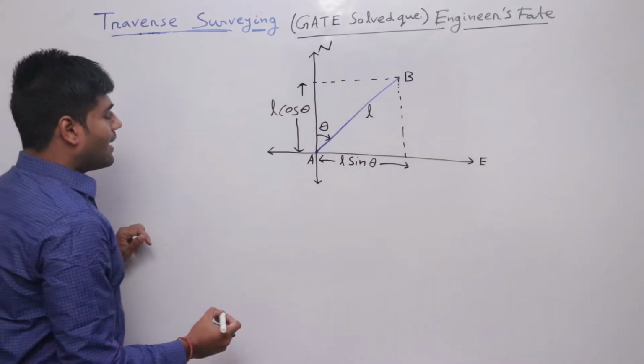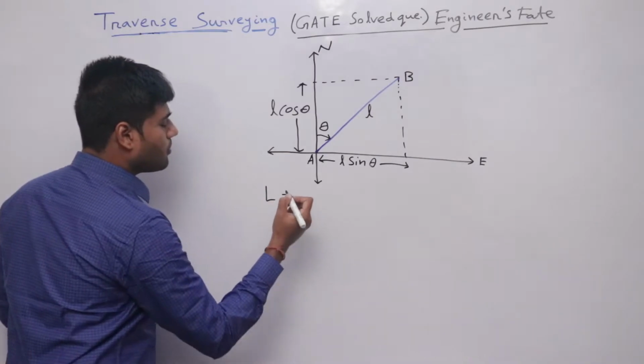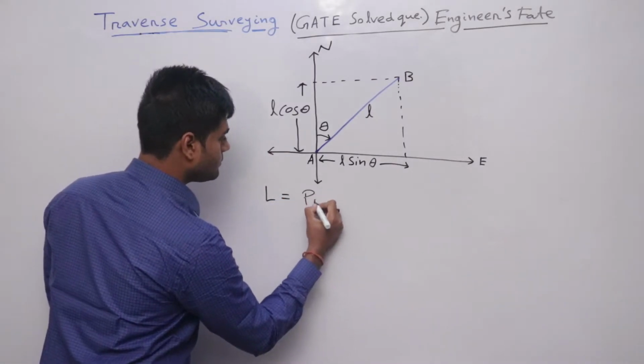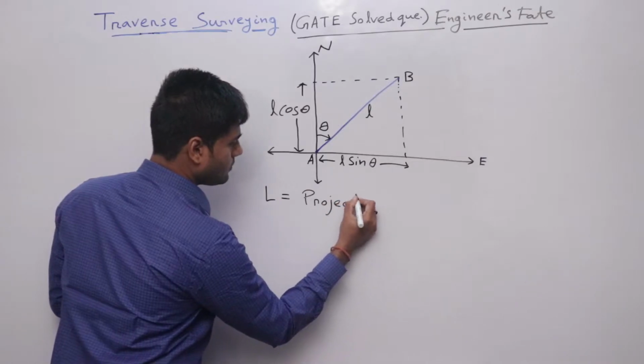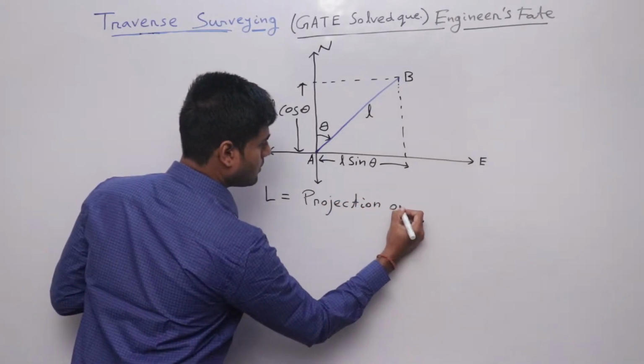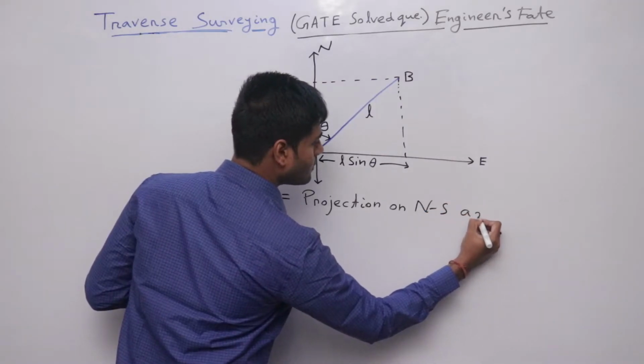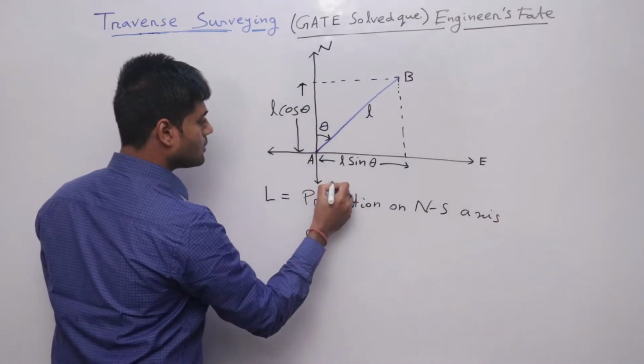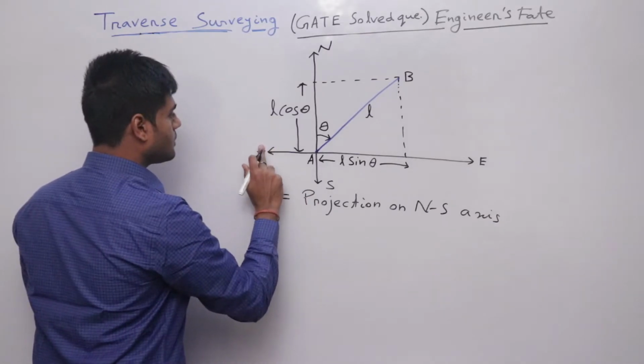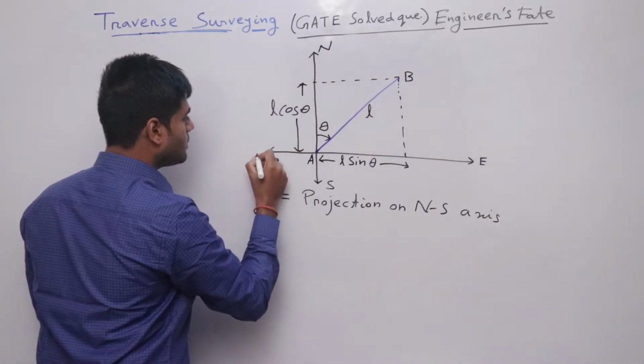So what is latitude? Latitude is nothing but the projection on the north south axis. This is north and this is south. And what is departure?